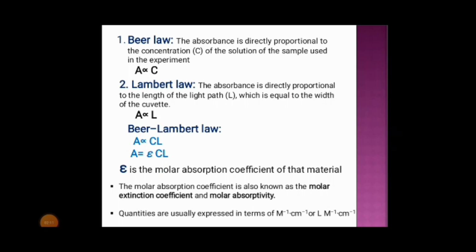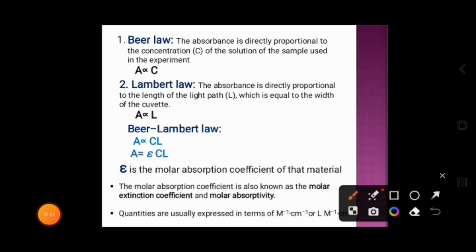Sometimes we get confused whether in Beer's law the absorbance is directly proportional to the concentration or the path length. To solve this, you can remember it like this. In Lambert's law, the first letter is L, and the absorbance is directly proportional to L, that is the path length.